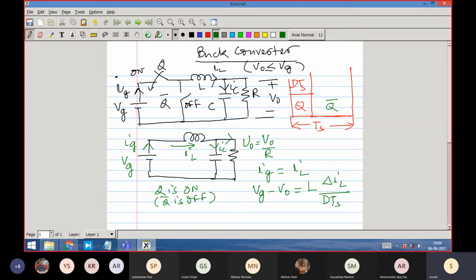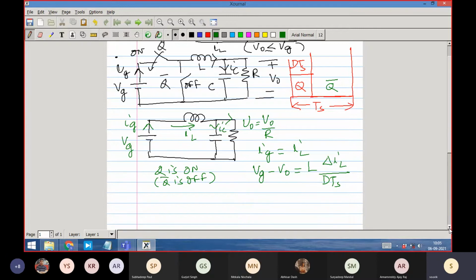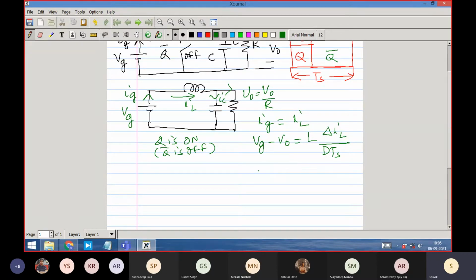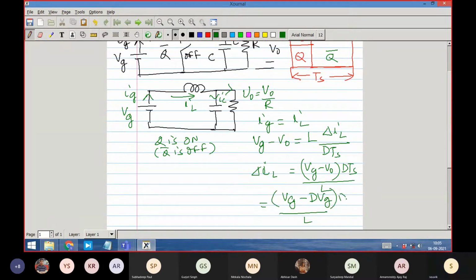Delta IL is the ripple. So we can write delta IL equals Vg minus V naught times DTS by L. We have already seen from the volt-second balance that under steady state V naught is equal to D Vg.